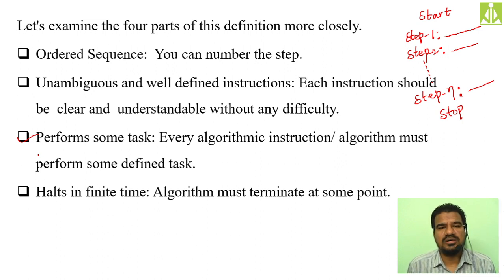Okay, it should not keep on defining steps, keep on doing something in the algorithm without getting the proper output. It should not be like that. Your algorithm must terminate after a finite number of steps, okay, and must give a proper solution. Okay, so the algorithm must halt in finite time. It will halt in finite time when you have a finite number of steps.